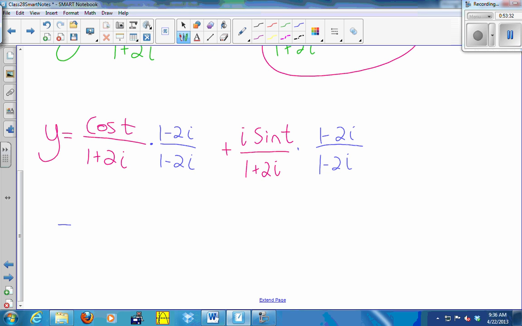All right, so now we have cosine t minus 2i cosine t over, when I FOIL these, I get 1, those cancel, minus 4i squared, so I get 5 as my denominator.